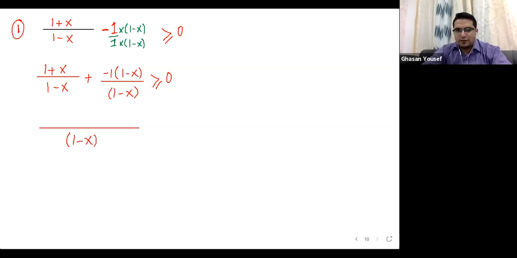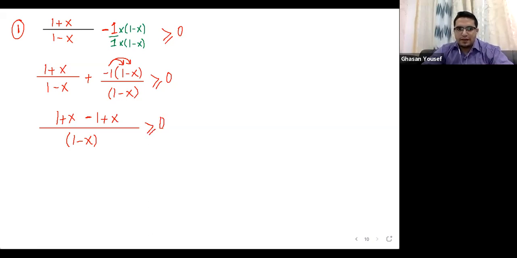Now we add the numerators of both fractions: 1 plus x. And the minus 1 we distribute inside. So minus 1 times 1 is, what is it? Minus 1. This is correct, Pamela. And minus 1 times x is plus x. Yes, correct.